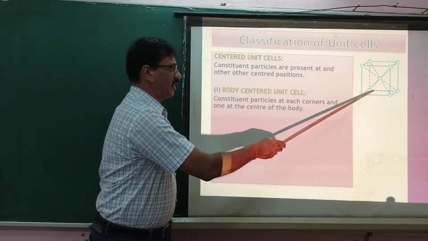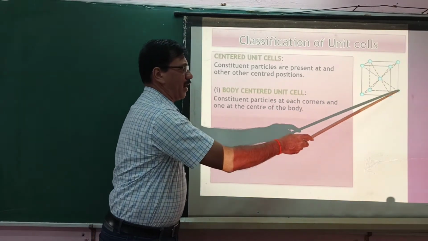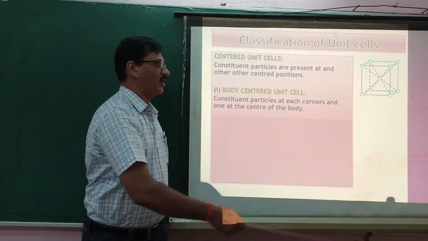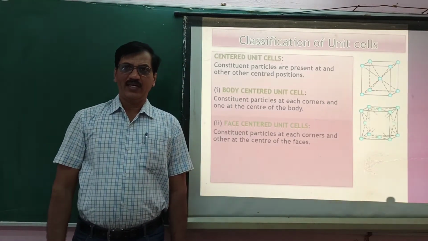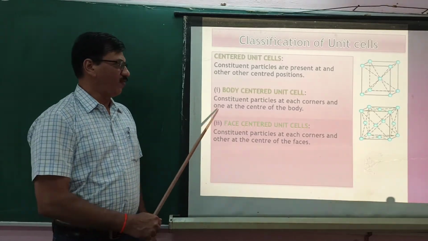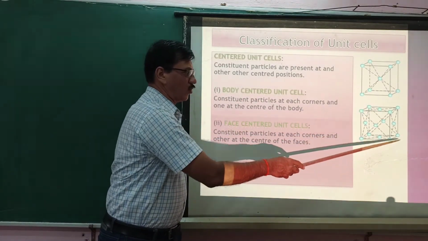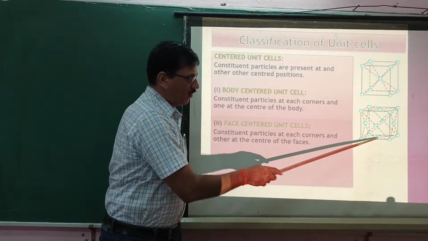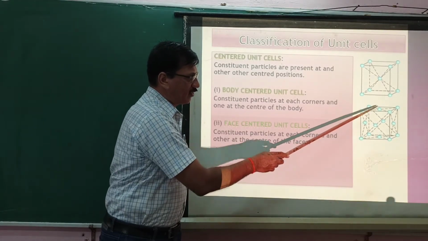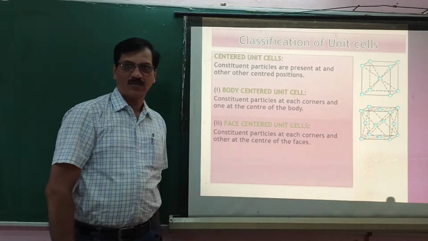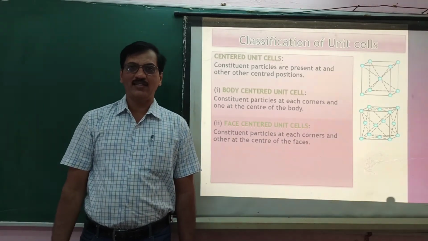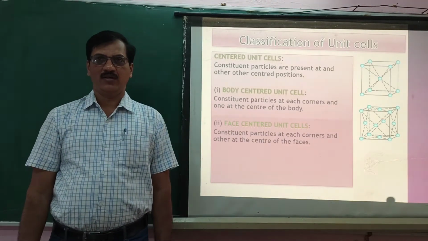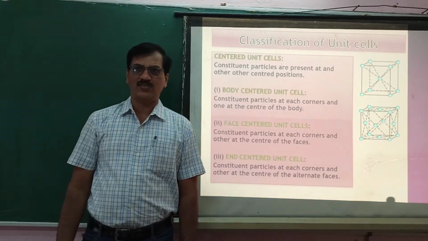It is a body centered unit cell when, along with the particles at the corner, one more particle at the center is present. It is called face centered if, along with the particles at the corner, there are particles at the center of each face. There are 6 faces, and all 6 faces have a particle at the center. So this is called face-centered unit cell.